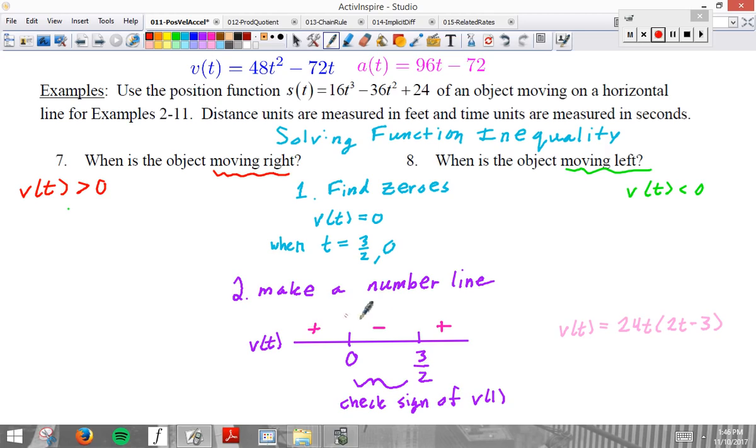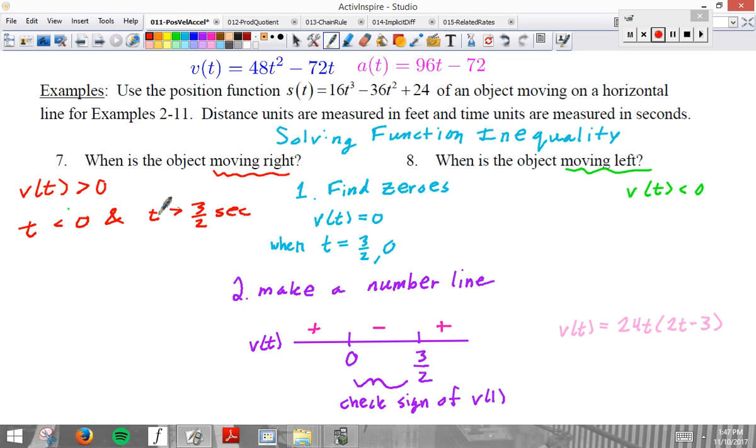So, what do these signs tell us? To put it all together, these are telling us the signs of velocity. So a plus sign means the velocity is positive, and a negative sign means the velocity is negative. Since we were looking for where the velocity is positive, for it to be moving right, now I know we're talking about t less than 0 and t greater than 3/2.